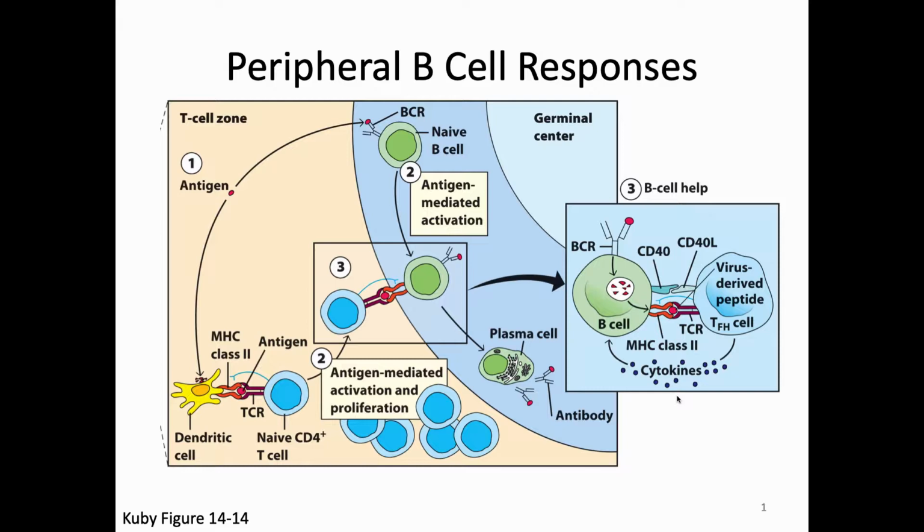What types of things can form a T cell epitope? What do you think, Kay? Proteins. Maybe some lipids, but that's not a traditional T cell. And this can become a problem. Our B cell might be turned on by, say, a carbohydrate antigen, but for this T cell help business to work, we need to have a T cell epitope, which must be a protein.